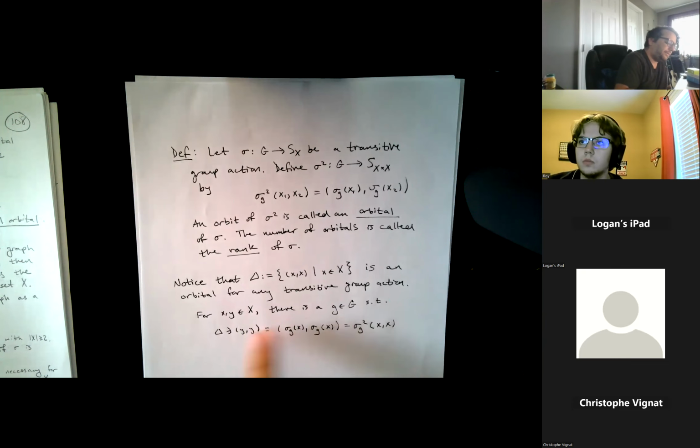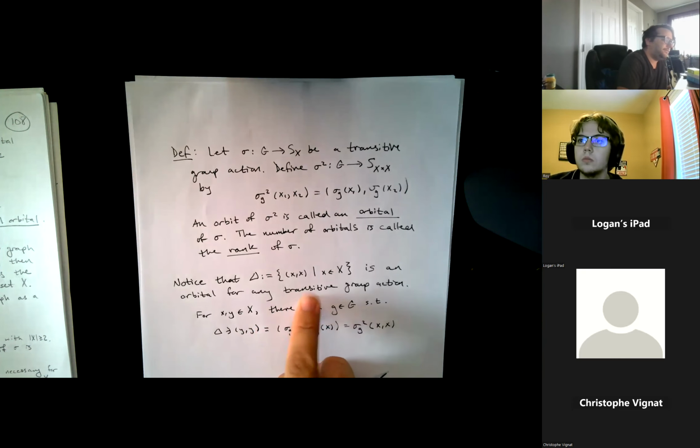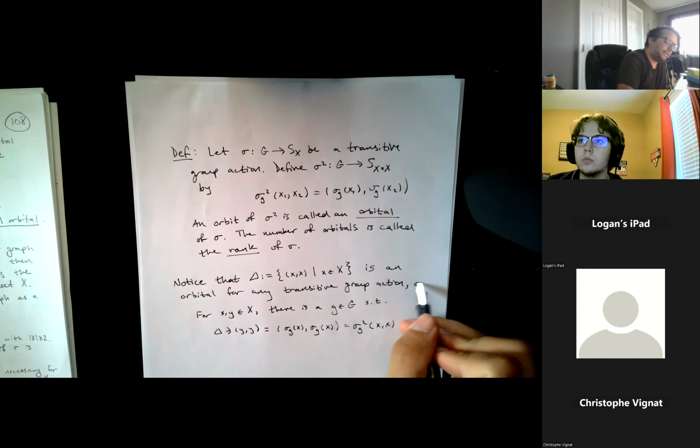So why do we have this property? Because we're assuming that the action is transitive. So sigma itself is transitive, right? So I'm calling that sigma.